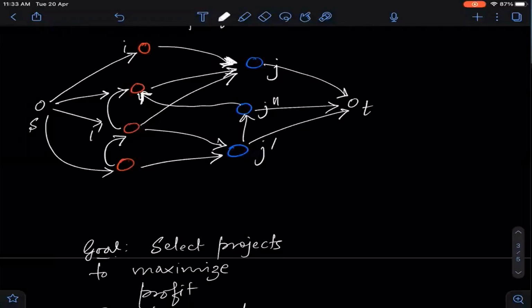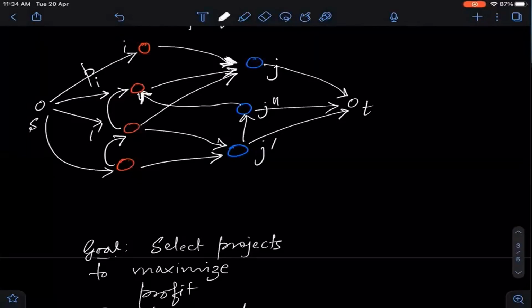So the capacities of the source to red guys will be the profits of these guys. Okay, so this is PI. However, the capacity of the blue to T guys, any guesses what those should be? Again, wild guess.